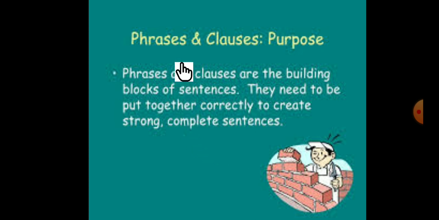So phrases and clauses should be kept correctly in a sentence to form a better and meaningful sentence. See this worker: he is putting the bricks in the correct manner, so a very good wall will be built. In the same manner, these are also kept in a correct form to form a very meaningful sentence. Understood?